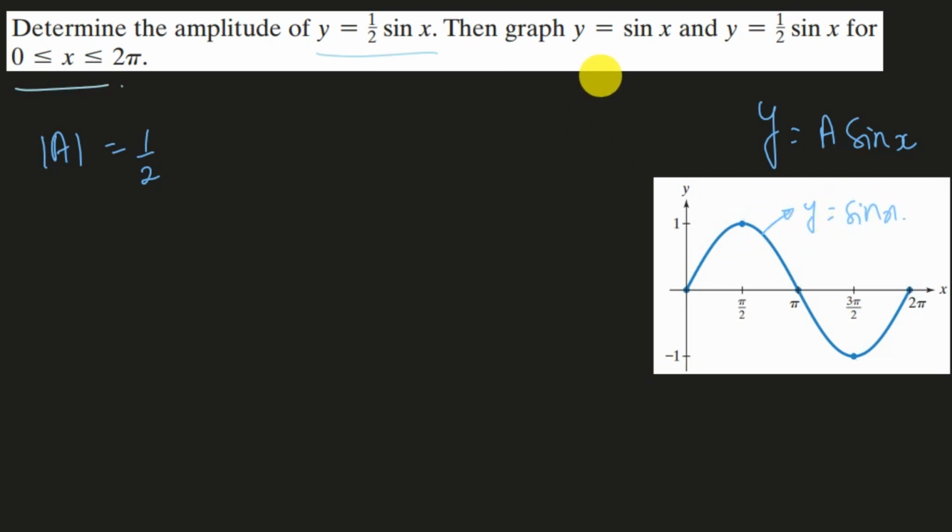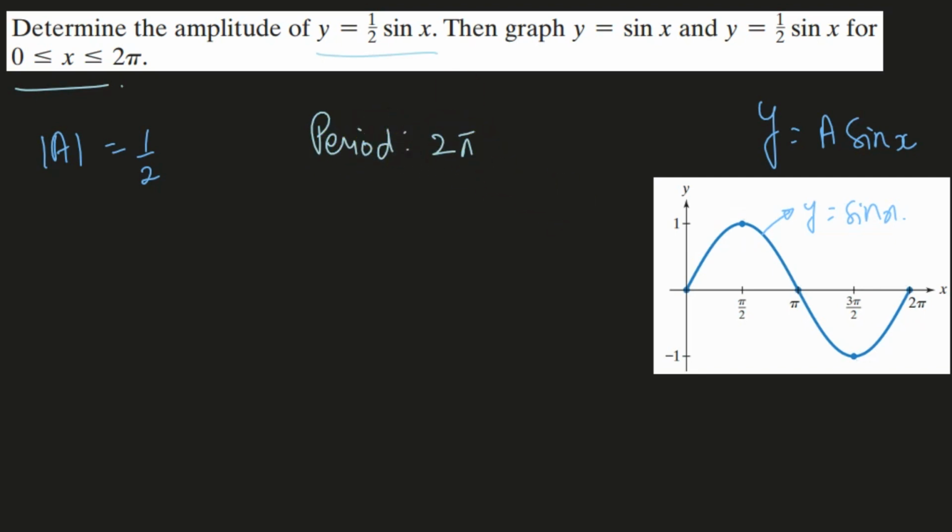Now we have to graph y equals half sine x. To graph this, first we have to find the 5 key points that I discussed earlier, and we can say that the period for half sine x and sine x would be the same. The period for y equals half sine x would be 2 pi itself.